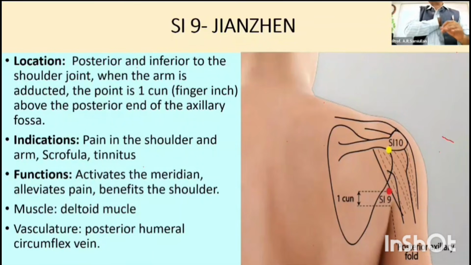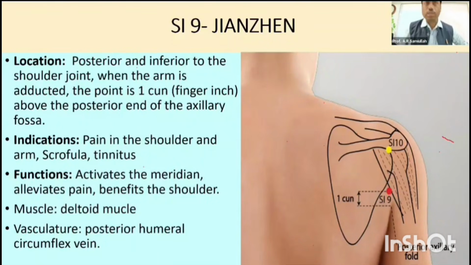But this point is located on the anterior axillary crease. And here is the posterior axillary crease. From the posterior axillary crease, one thumb proximal, one thumb above that region.